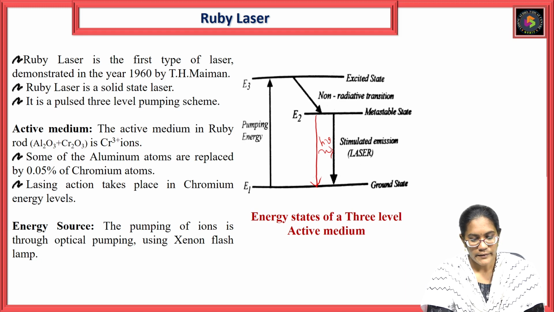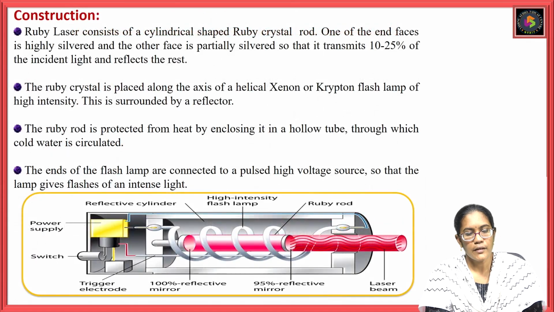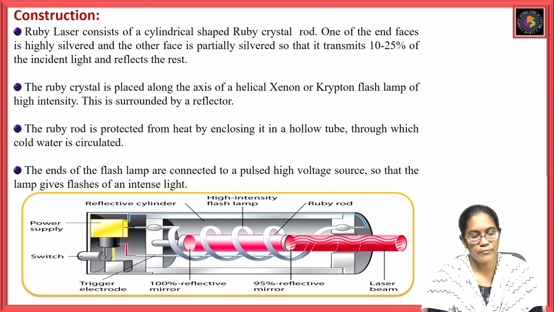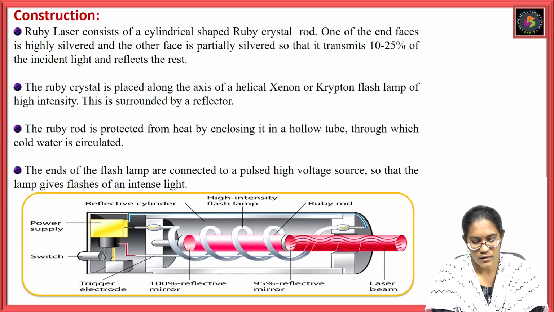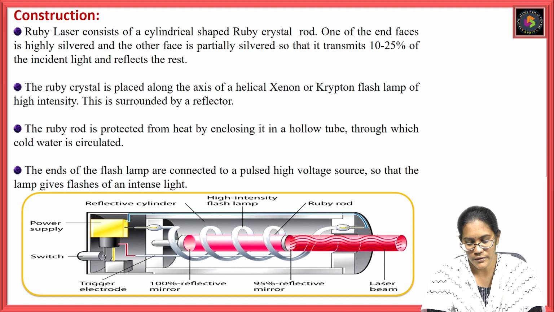Next comes the construction of the Ruby laser. This is a schematic diagram of the Ruby laser. It consists of a cylindrical shaped Ruby rod. At both ends, two mirrors are fixed. One is a fully reflecting mirror and the second is a partially reflecting mirror.